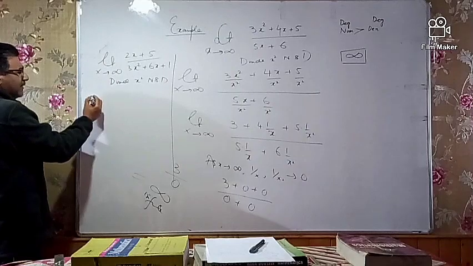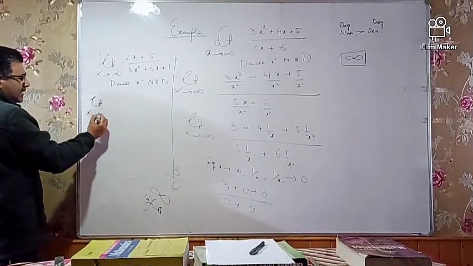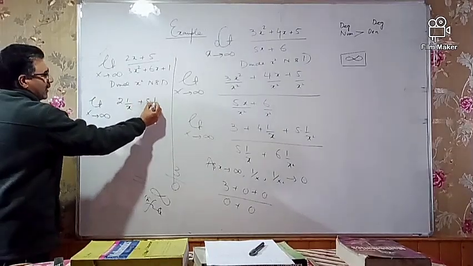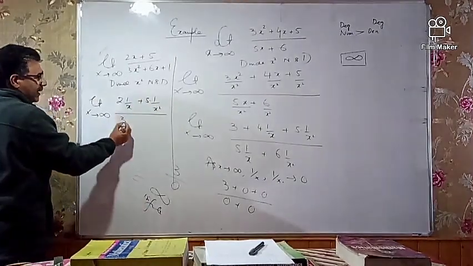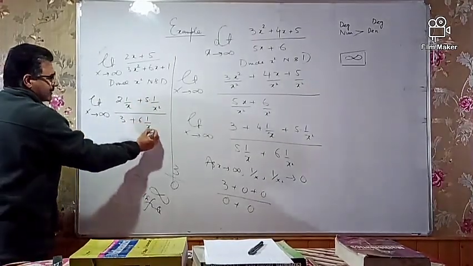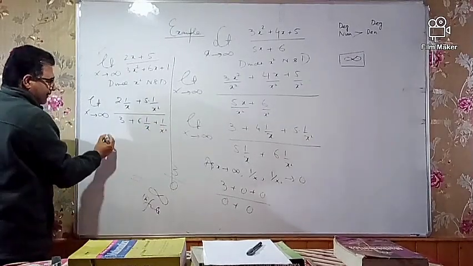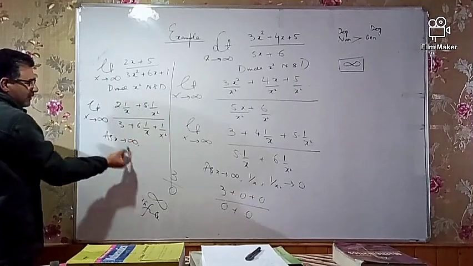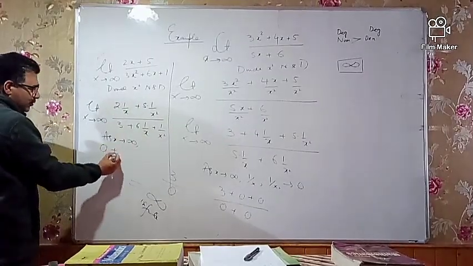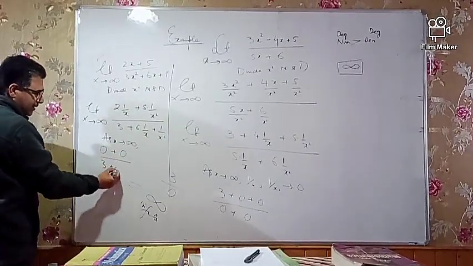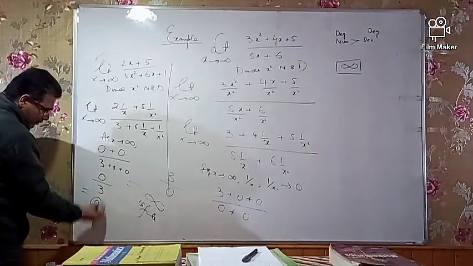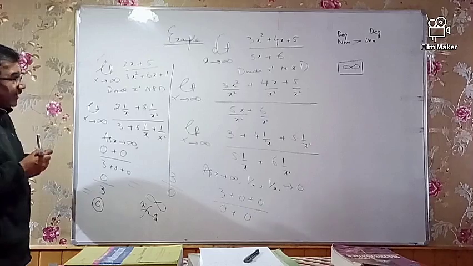So limit x tends to infinity, it is 2 into 1 by x plus 5 into 1 by x square, divided by 3 plus 6 into 1 by x plus 1 by x square. Now as x tends to infinity, 1 by x will go to 0 and 1 by x square will also go to 0. So this is 0 plus 0 upon 3 plus 0 plus 0. That is 0 upon 3. The answer is 0. So we now have three things here.